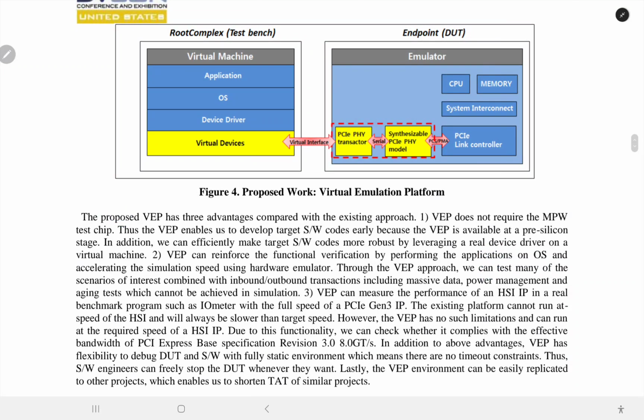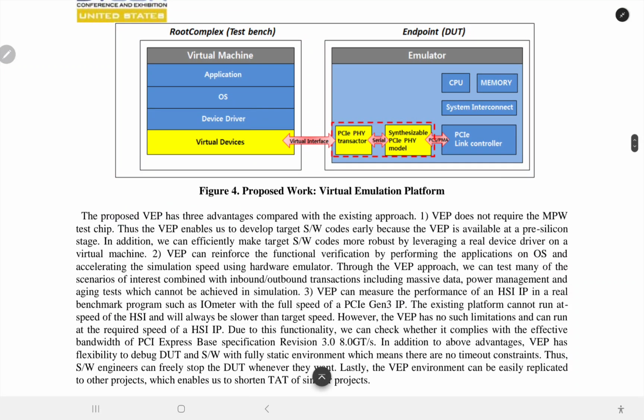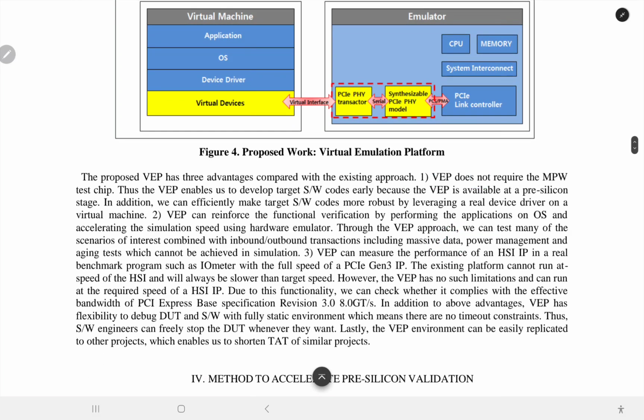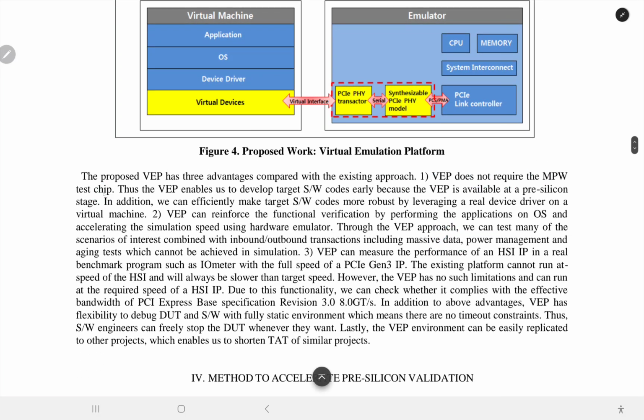The proposed VP has 3 advantages compared with the existing approach. 1. VP does not require the MPW test chip. Thus, the VP enables us to develop the target software code early, because the VP is available at a pre-silicon stage.